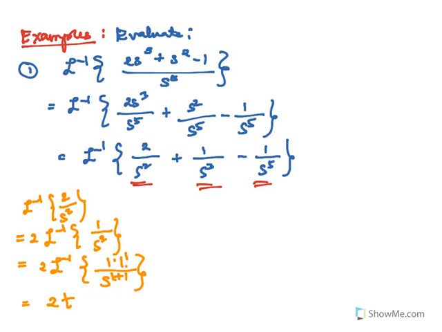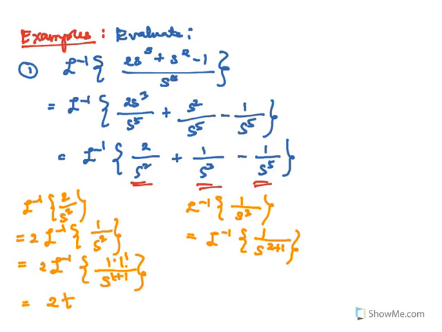For the second term, you have the inverse Laplace of 1 over s cubed. Now again, this should follow the inverse Laplace that will yield t to the n, but sa denominator, you actually have 1 over s to the 2 plus 1. And so, your n is 2, pero sa numerator, you only have 1 as a constant.